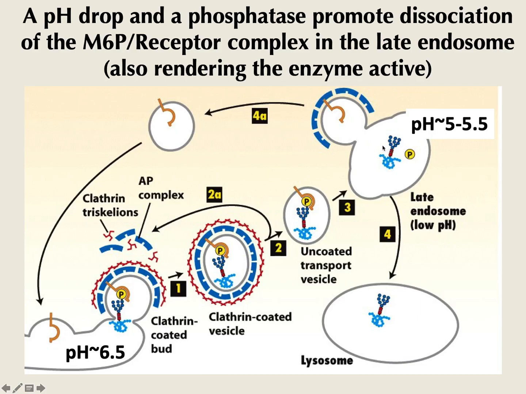One of them is that now the vesicle fuses with a compartment which has a lower pH, right? pH 5 to 5.5. That's about 100 times less than pH 7, okay? You all see that? Because pH is a log scale, log 10.